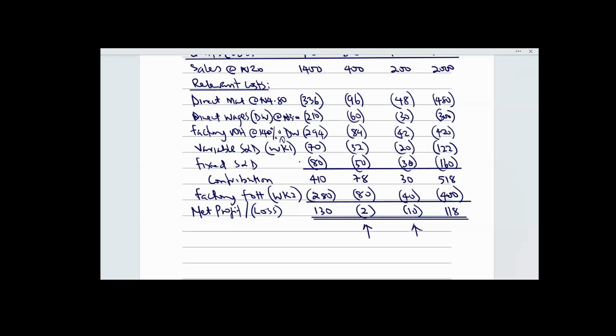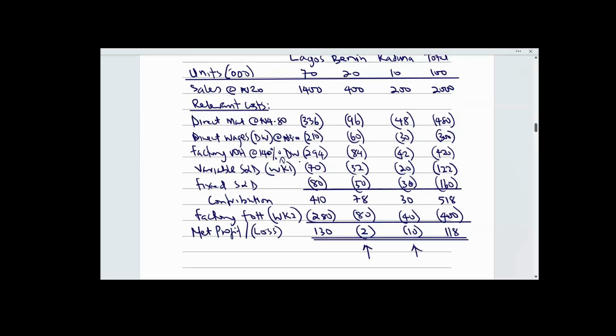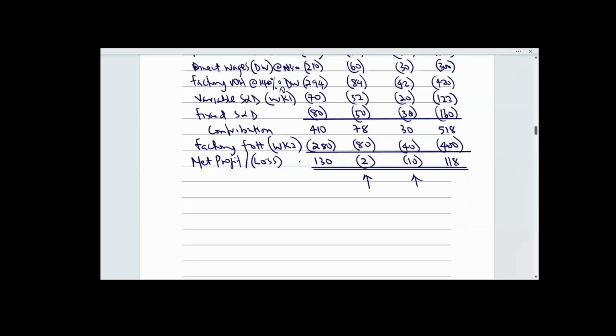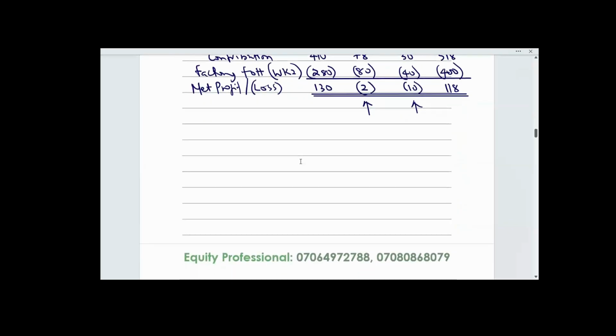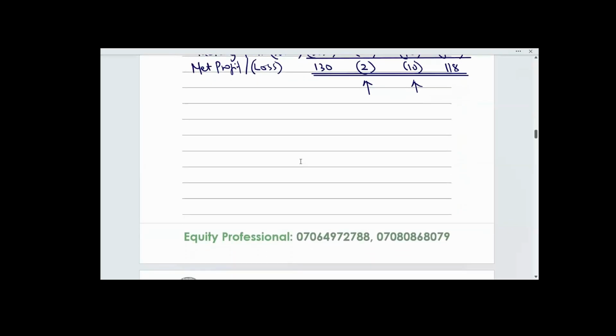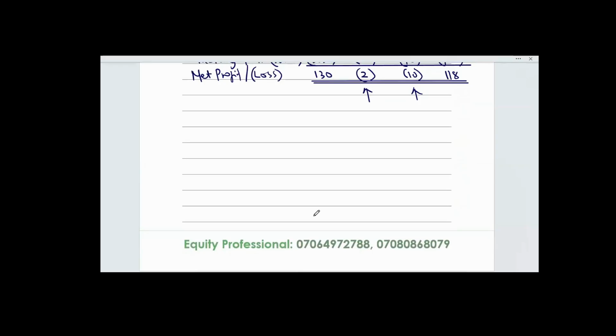I mentioned, when I was explaining the concept of deleting a segment, that the only reason management contemplates closing a segment is if the segment is operating at a loss. So you can now see that the Benin and Kaduna depots are operating at a loss. That is why Ife Sinachi Limited is thinking of closing down the Benin and Kaduna depots. So let's have the second requirement.